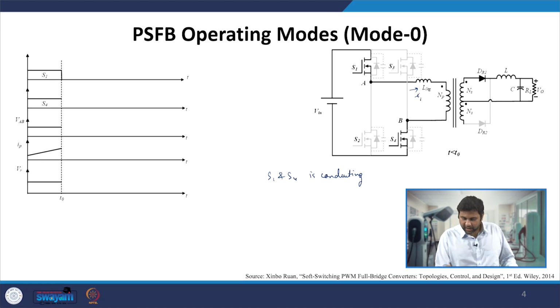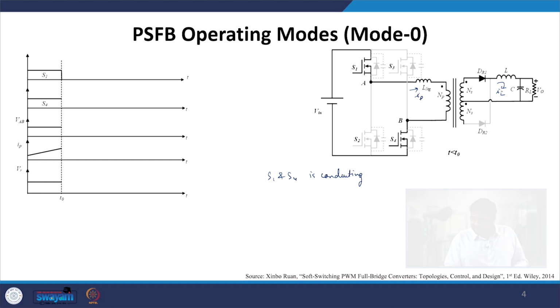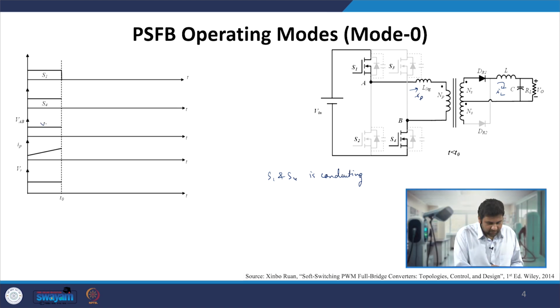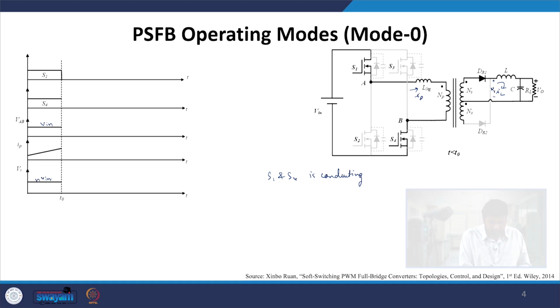If this is the IP current through the L leakage and this is the IL current, we can say that my IP is actually the IL current reflected onto the primary side, and it has a rising slope. And now since these two switches are on, the VAB is nothing but equal to V in voltage, and this VR is nothing but NV in which has been applied.